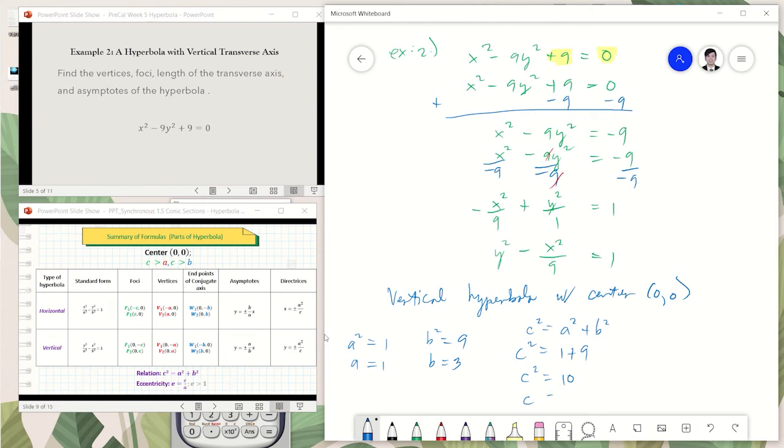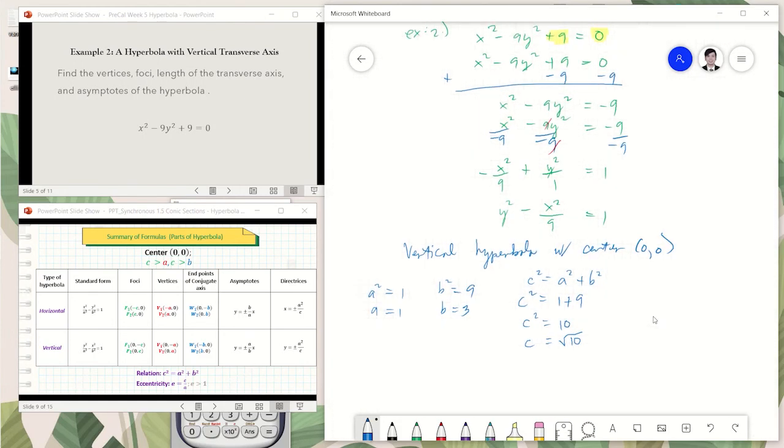And then you need to get the square root. So that would be square root of 10. Okay, so you have your a, b, and c now. You can already figure out what is asked from you.